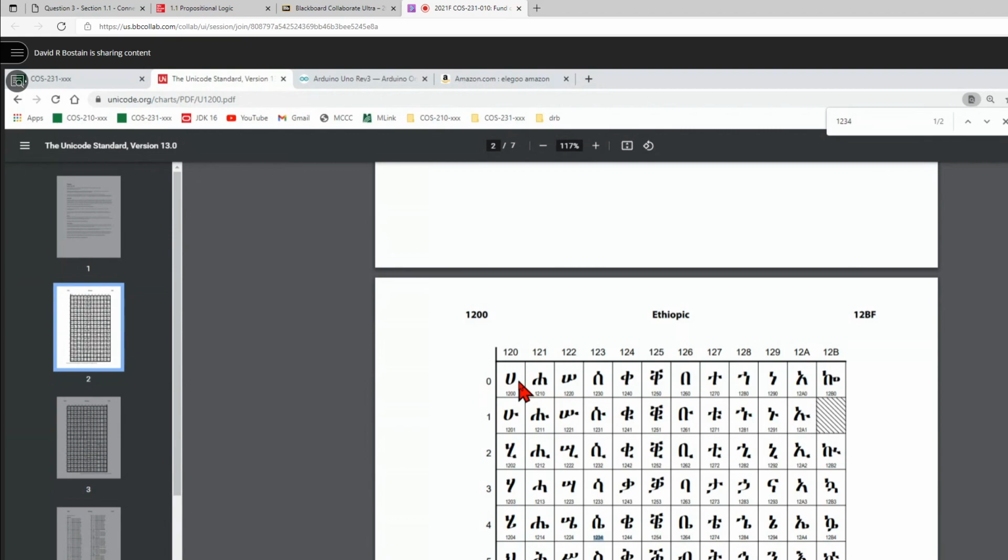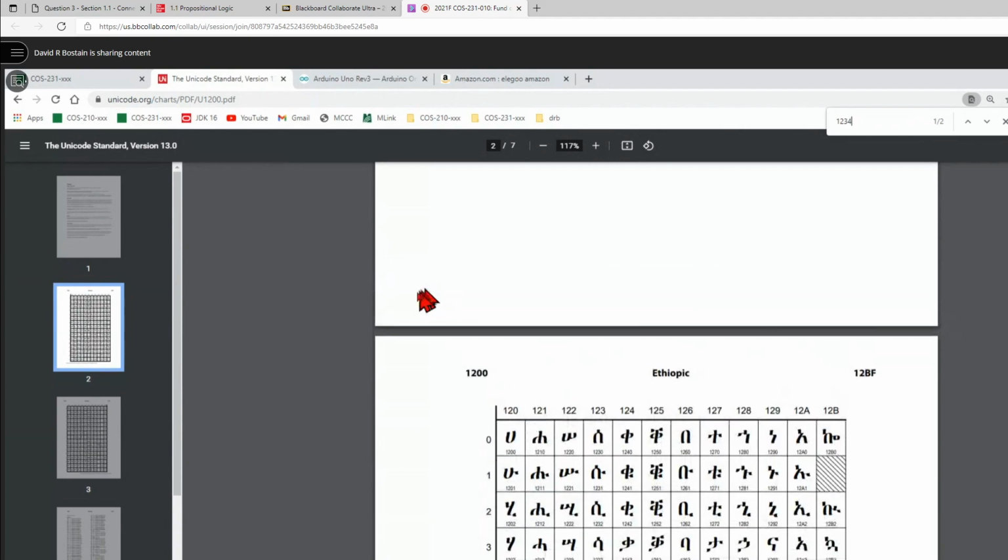So if any UTF-8 starts with a 1, that means it's going to be multiple bytes. If it's more than 16 characters, oh, I'm sorry, not more than 16. Where's that table again?